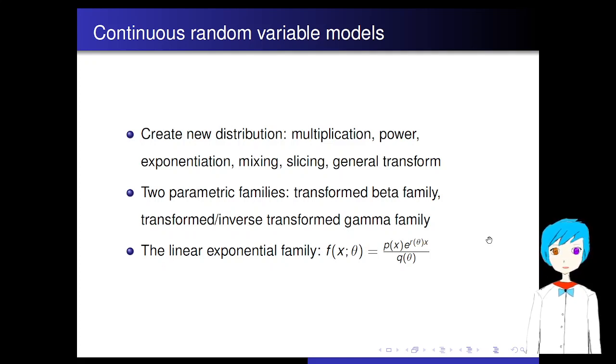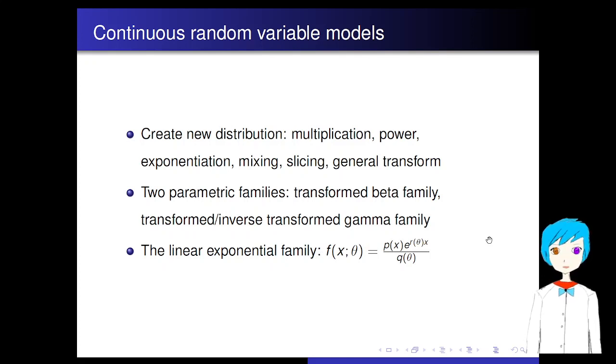We also have some more general transformation, and the multiplication, power and exponentiation are all special cases of the general transform where Y just equals g(X). X is known, g is a general function and is also assumed to be known.